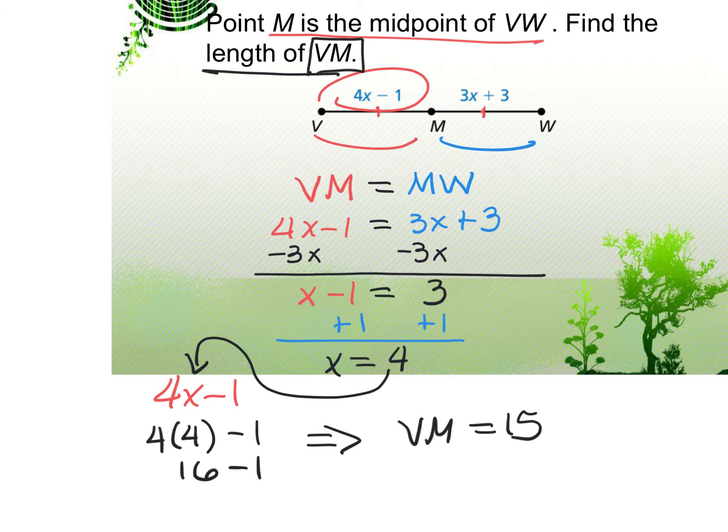And instead, maybe the question will say, find the length of VW. So all the given would have been the same. The only difference was if it were asking for VW, you need to remember that both sides, VM and MW, were both 15. So VW would be 30.